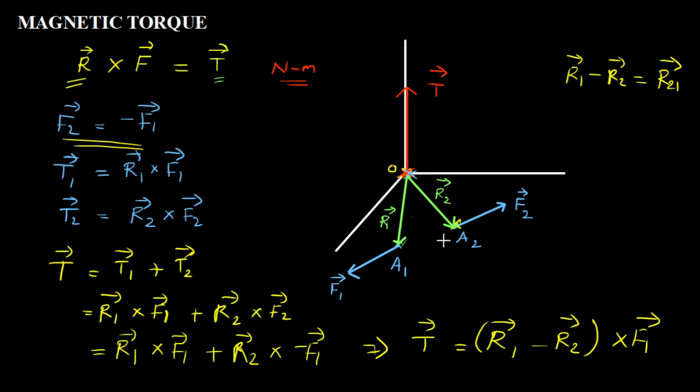So what would be that R21 vector? R21 vector will be a vector which is directing from point 2 to point 1. Agree? This is interesting. See, R21 vector is a vector which will be pointing from point 2 to point 1. So R21 vector is this, correct? So this is my R21 vector, right?